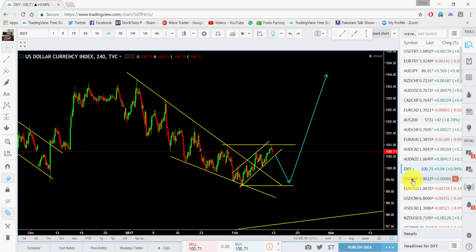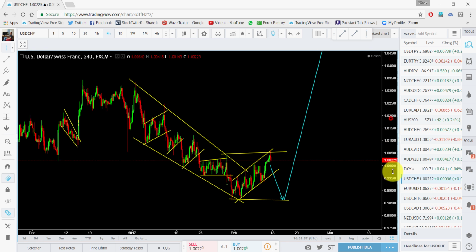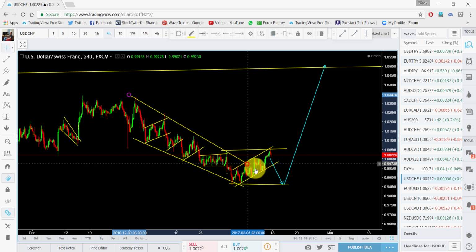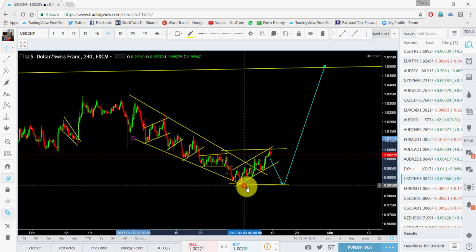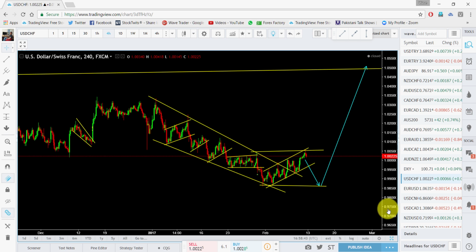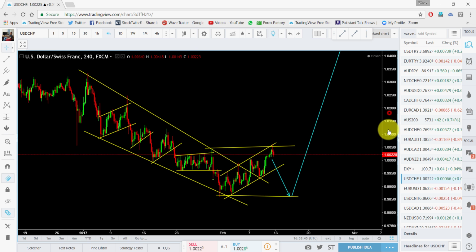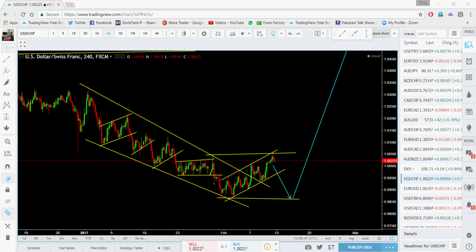On other pairs, on USD Swiss, it's the same. The pattern has changed itself from the bottom and price is running outside the pattern, broken out. We can see that this move is a corrective move to the upside, so it will break to the downside.